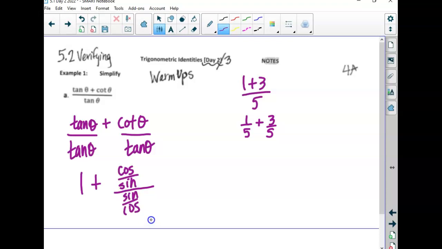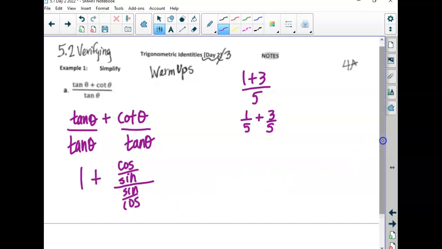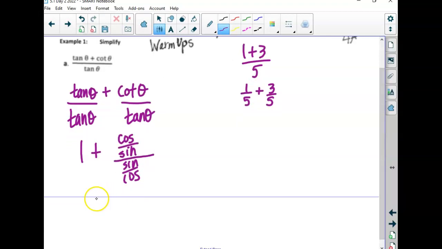So when you divide, what do you do with a fraction? Yeah, which one flips over? We have a cosine over sine that's being divided by sine over cosine, or multiplied by the reciprocal. This one would flip over.